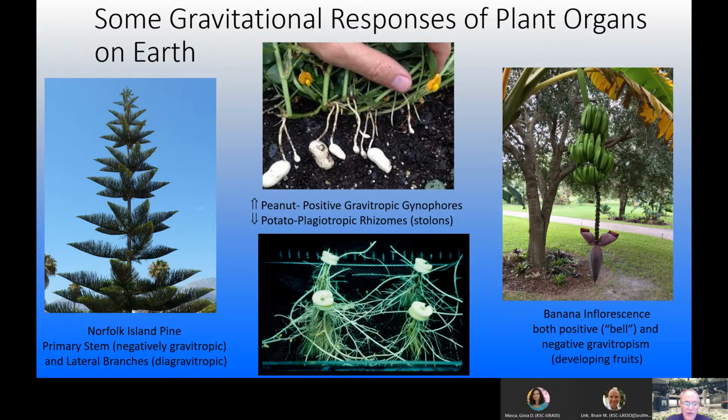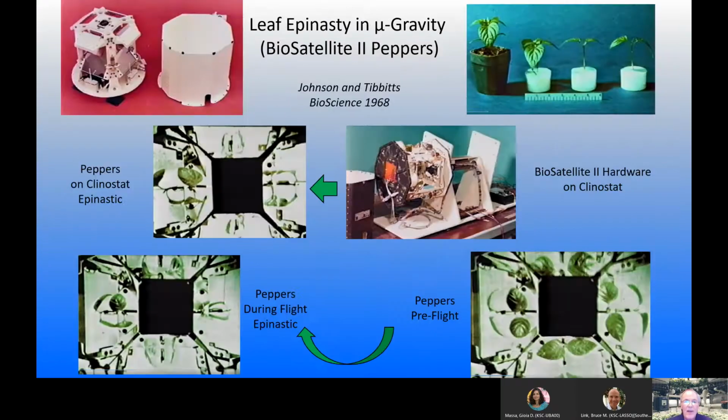And then there are some other organs, even subterranean organs, that are going at angles to gravity. In the center bottom, I show a picture of potatoes that were grown in an aeroponic system, and you see the stolons, the underground stems or rhizomes, that are going at an angle to the gravitational plumb line. So these are all interesting phenomena that you might consider in terms of direct gravitational responses to plants.